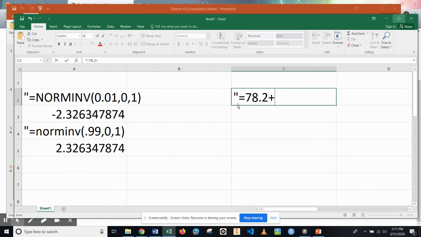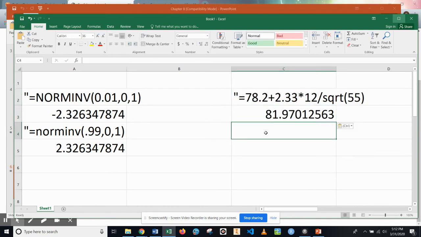I'm just going to do the plus one first, since you can't do them both at the same time. We had a z-score of 2.33 times our standard deviation of 12 divided by the square root of 55. That would be the upper value of my confidence interval, since we're using the plus sign, so it should give me a value bigger than 78.2.